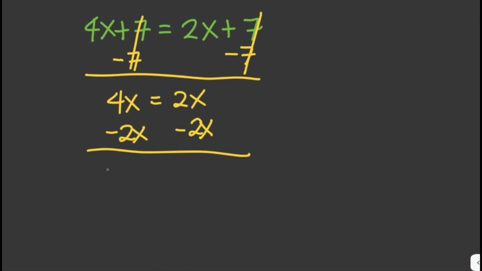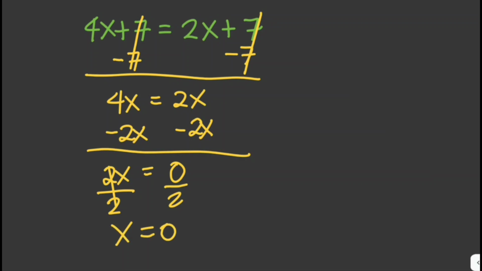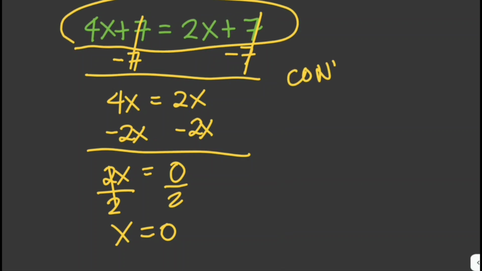So this is 4x minus 2x is 2x. And 2x minus 2x is 0. Then we divide both sides by 2 to solve for x. X is 0. So x here has a value which is equivalent to 0. Therefore, this equation here has a solution, and this one is conditional.